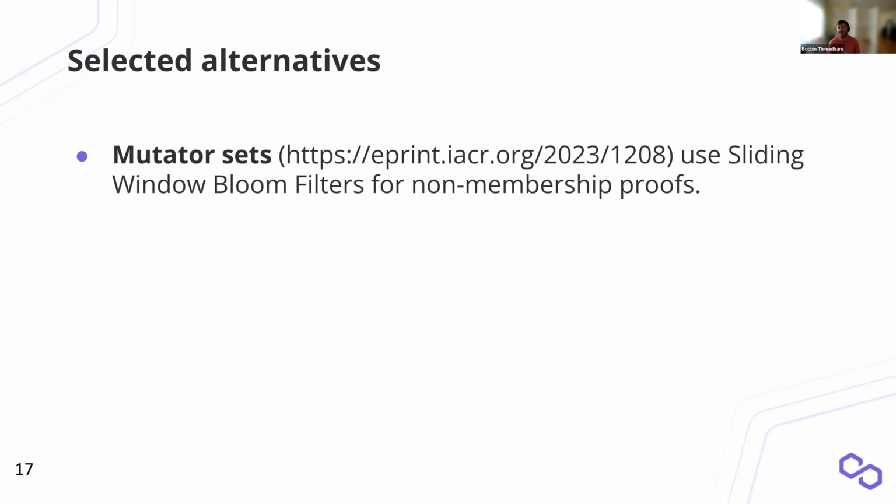One of the new things there is the use of a sliding window Bloom filter for non-membership proofs. So instead of using sparse Merkle trees and rotating epochs, they're using a sliding window Bloom filter, which in some ways is similar to epoch-based sparse Merkle trees, but there are also some significant differences, especially in how they use a Bloom filter.